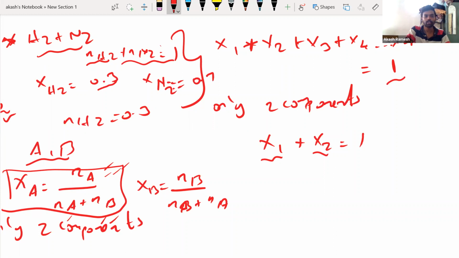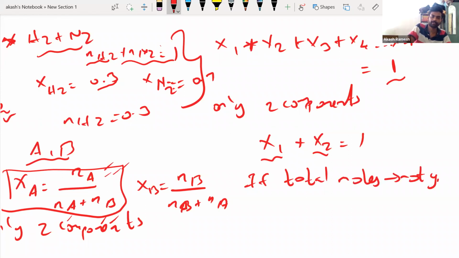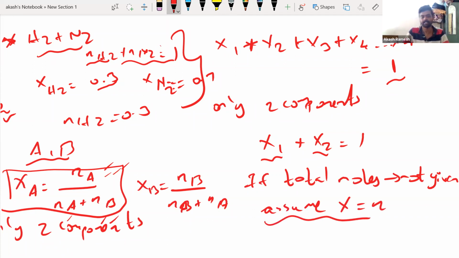Now, something we'll write like this. If total number of moles is not given to you, then you can assume the mole fraction as the number of moles itself. Please remember this, again coming from the definition.